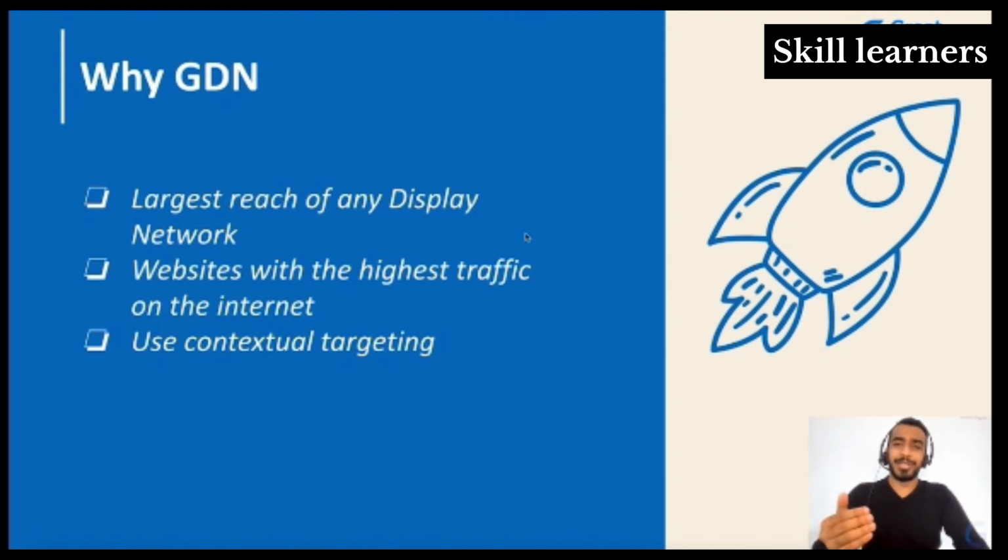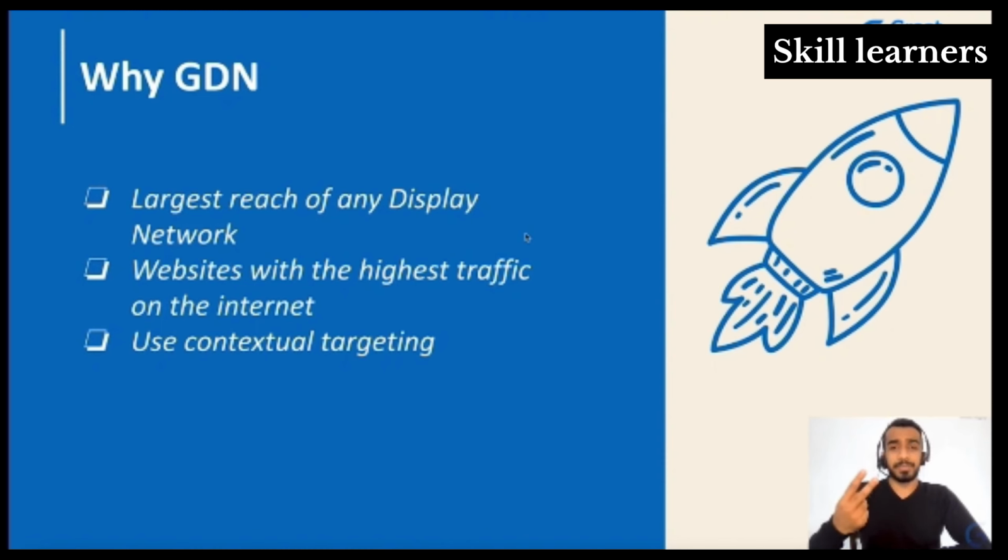For any digital marketer, if you are getting access to 90% of the internet user base to target, that definitely should be on your list. That is one reason why Google Display Network is one of the prime types of campaigns that every digital marketer needs to run.